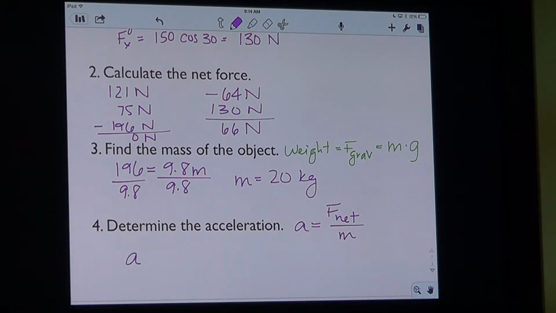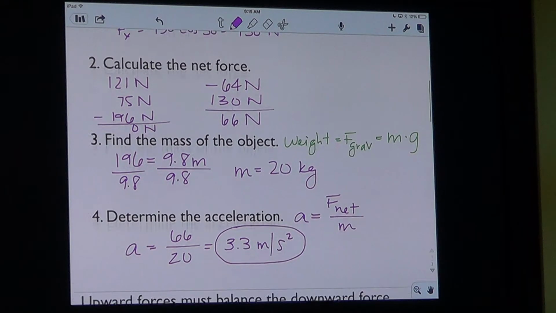And so acceleration will equal 66 divided by 20, and you get about 3.3 meters per second squared. Questions? No? Okay.